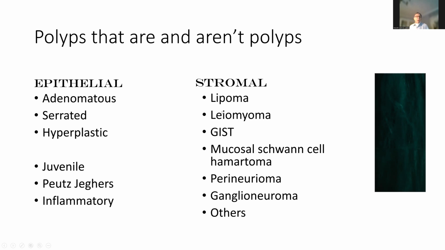Those can include submucosal lesions like lipomas or leiomyomas of the muscularis mucosa, maybe even mural lesions like GI stromal tumors and so forth, as well as a number of more subtle lesions, the mucosal Schwann cell hamartoma, perineurioma, ganglioneuroma, and occasionally other lesions as well.